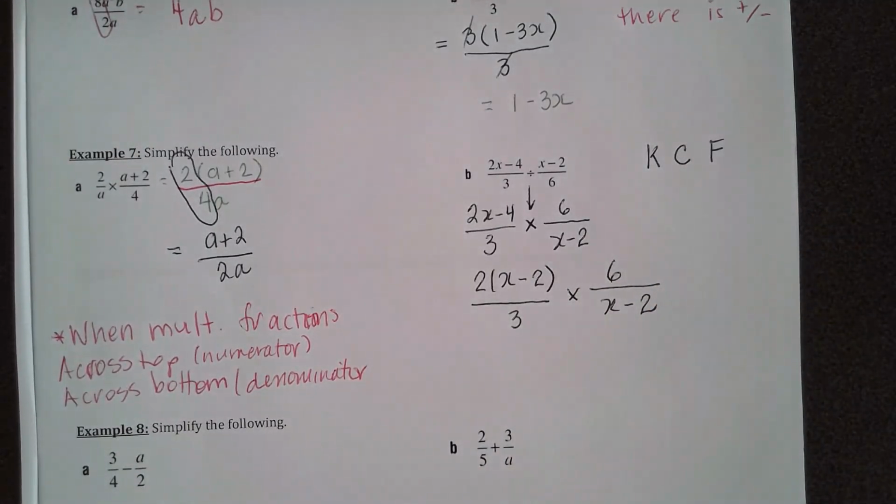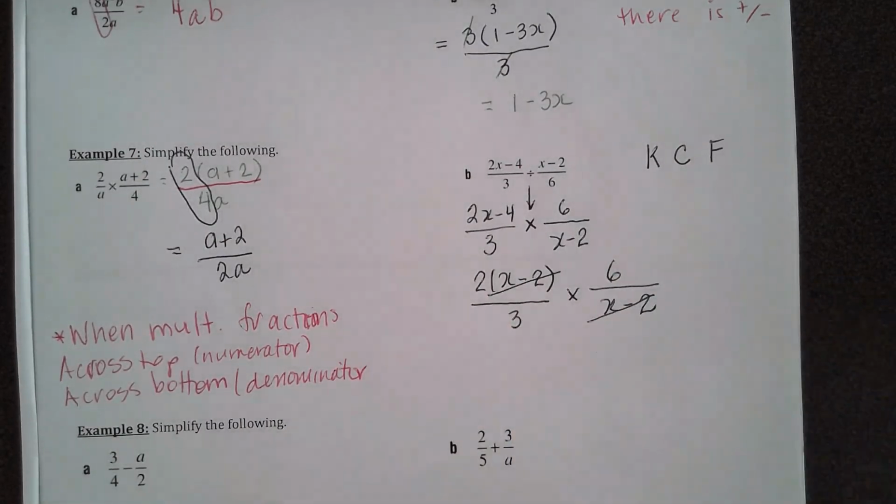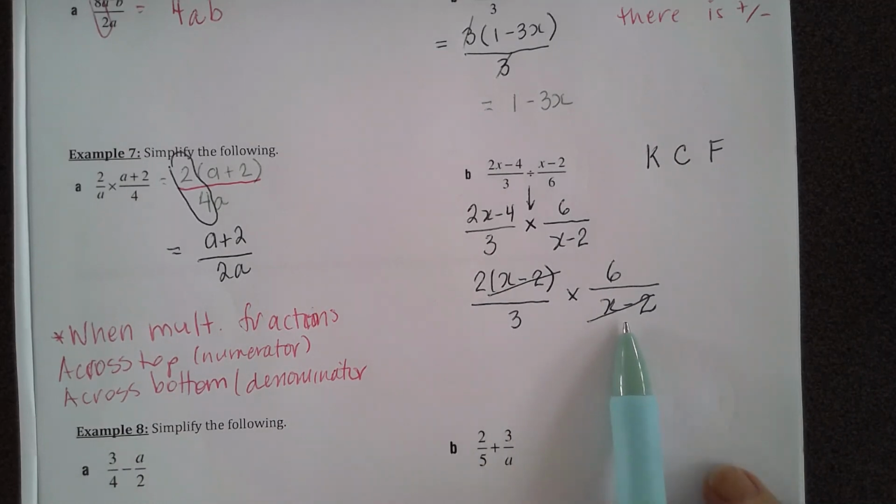Now, my claim is that the big fraction bar is actually like a set of brackets. It's a grouping symbol. It's keeping everything either above it or below it together. And so I can do this. They're this exact same thing, x minus 2. I got nothing down there that I'm multiplying by. What actually is down here now? 1.